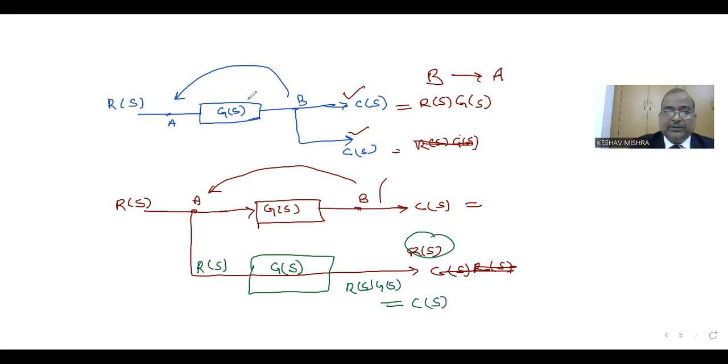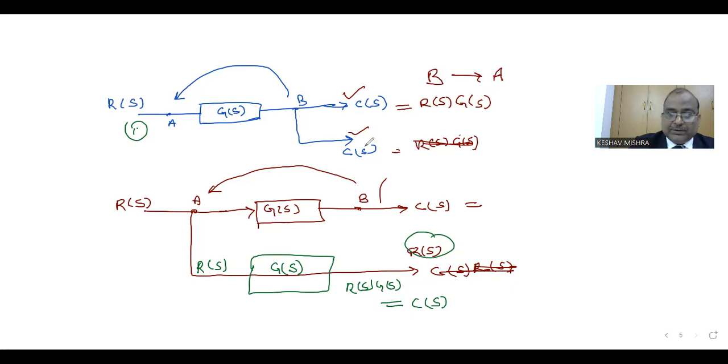Once again we understand this. Previously in the first case, the takeoff point was at B. So output is Cs. If we move this takeoff point to position A, then the output should not change. Then it is possible.